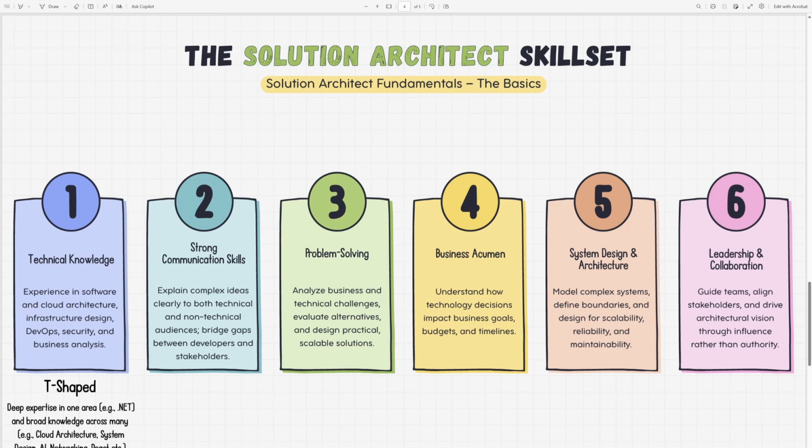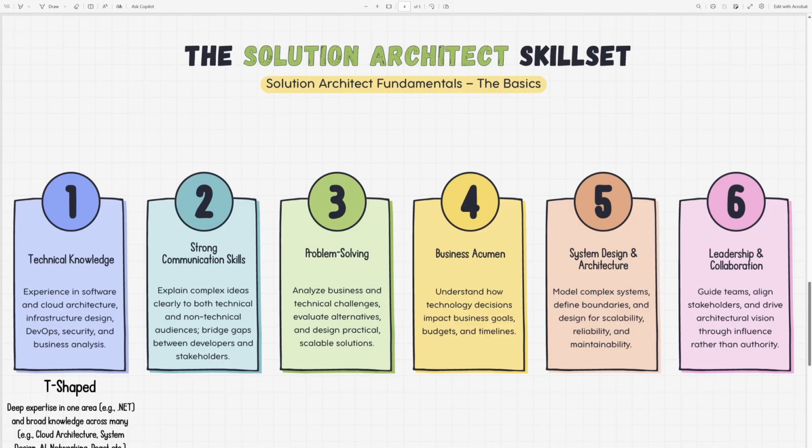And finally, like I put here on the bottom left, the T-shaped skill set. Deep expertise in one area, for example, .NET or cloud, and broad knowledge across many others like system design, networking, and DevOps. That's what allows architects to see the whole picture.